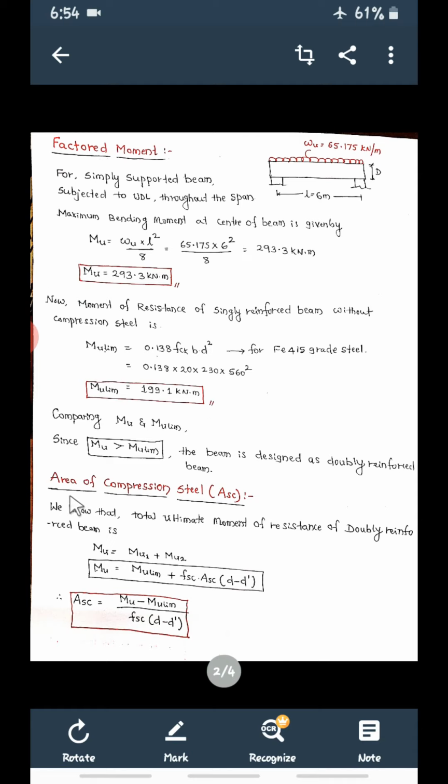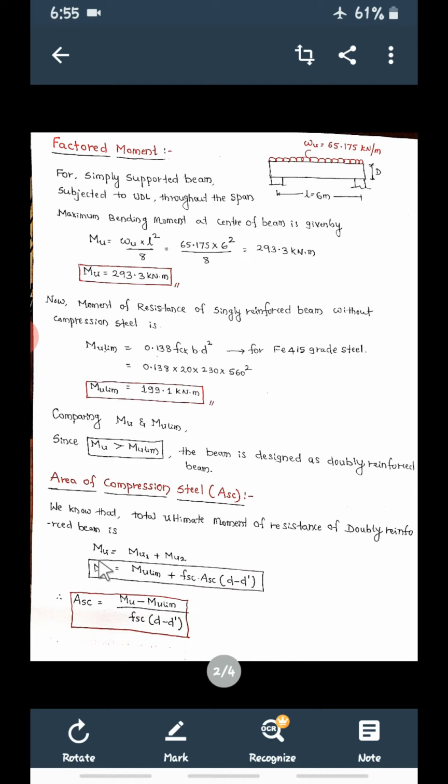Next we have to calculate the area of compression steel, that is ASC, the top reinforcement. Again we know that the total ultimate moment of resistance of a doubly reinforced beam is MU, which is divided into two: MU1 plus MU2.